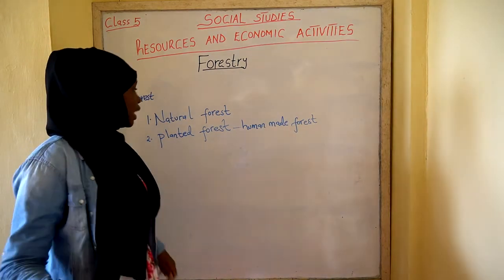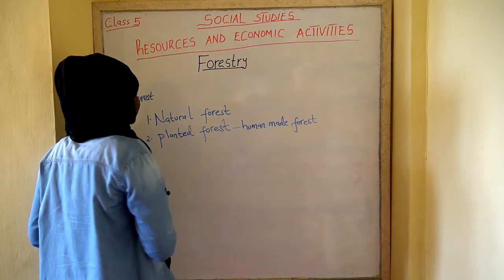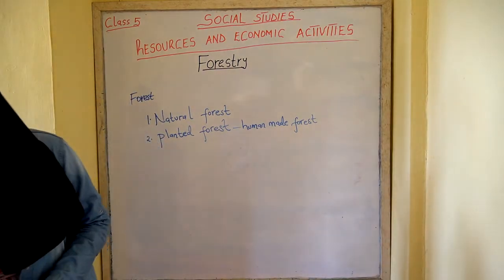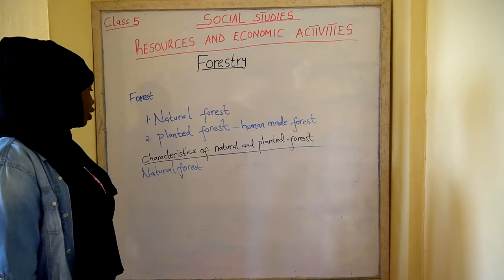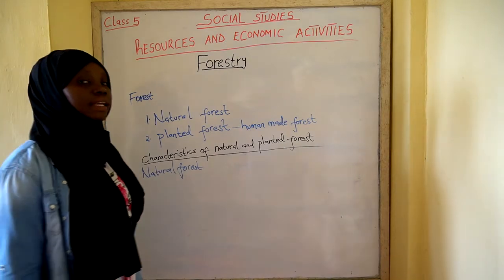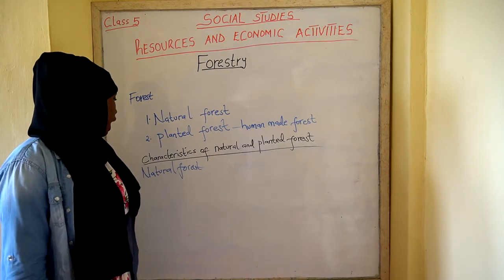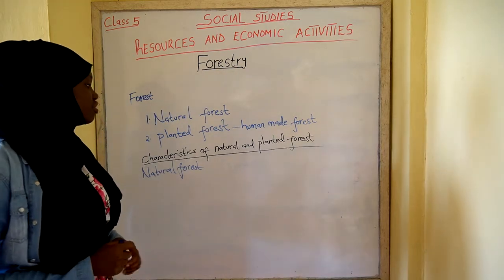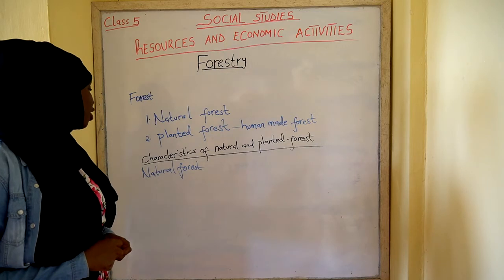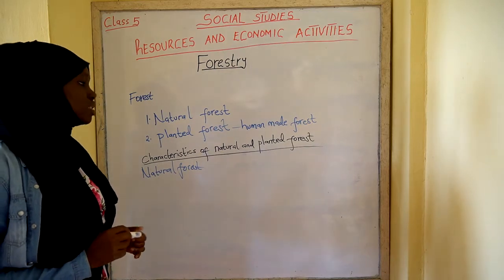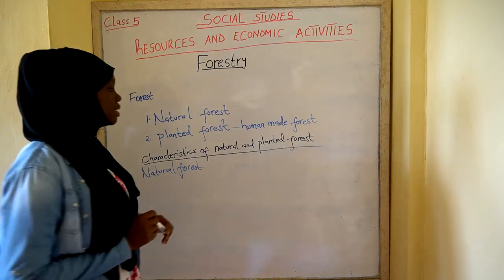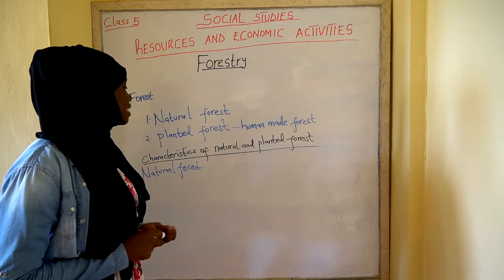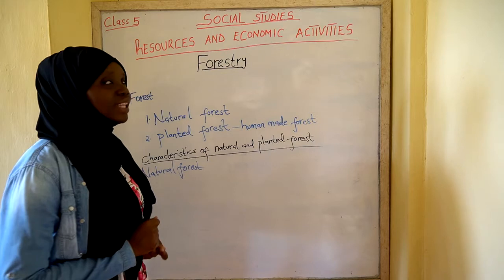So we are going to look at the characteristics of these two types of forest. In natural forest, mostly different types or species of trees grow because it's not planted by human beings. Many species grow on their own.